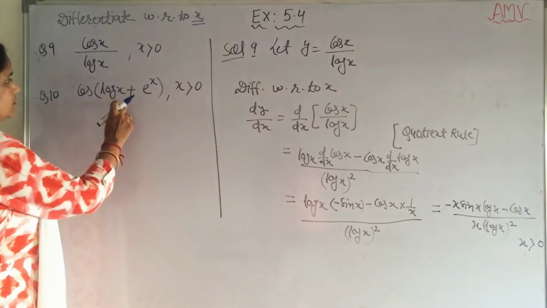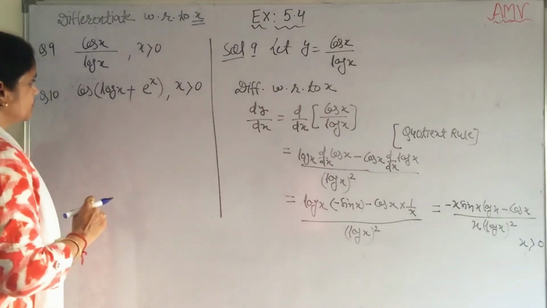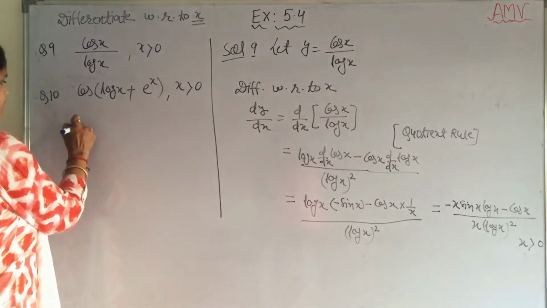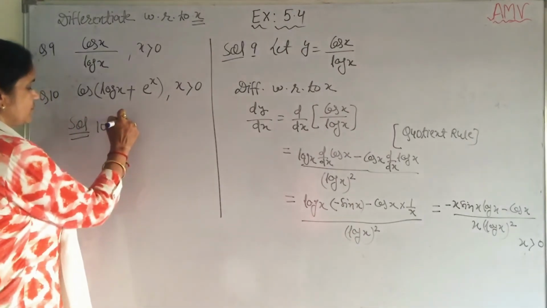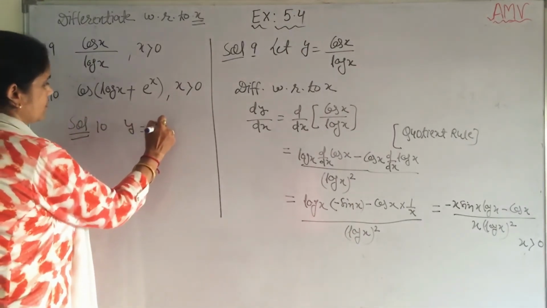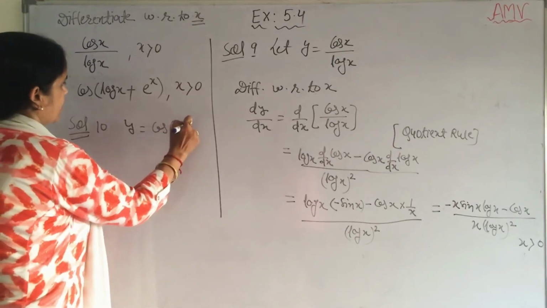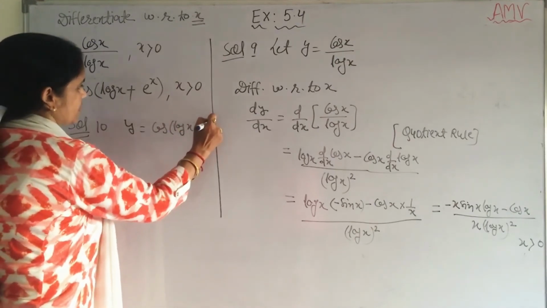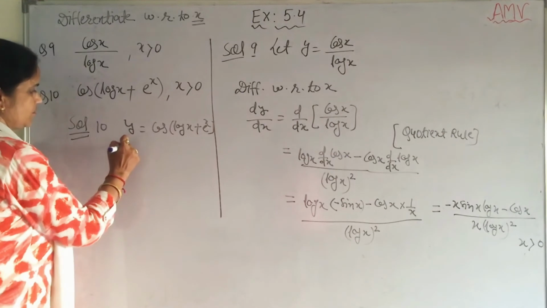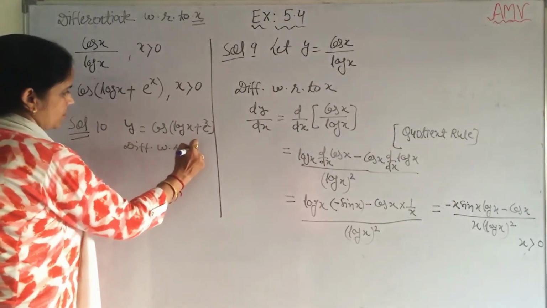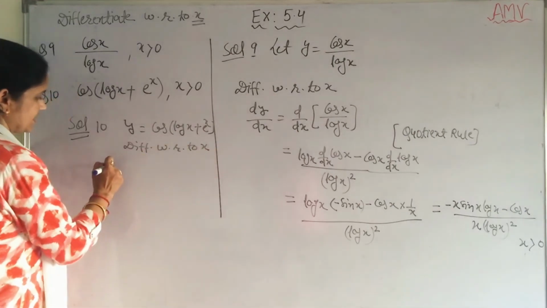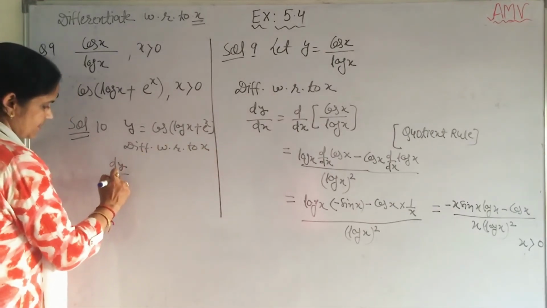It is cos log x plus e raised to x. Okay, so solution of question number 10. Let y is equal to cos (log x plus e raised to x). Okay, and now derivative with respect to x, you will get dy by dx.